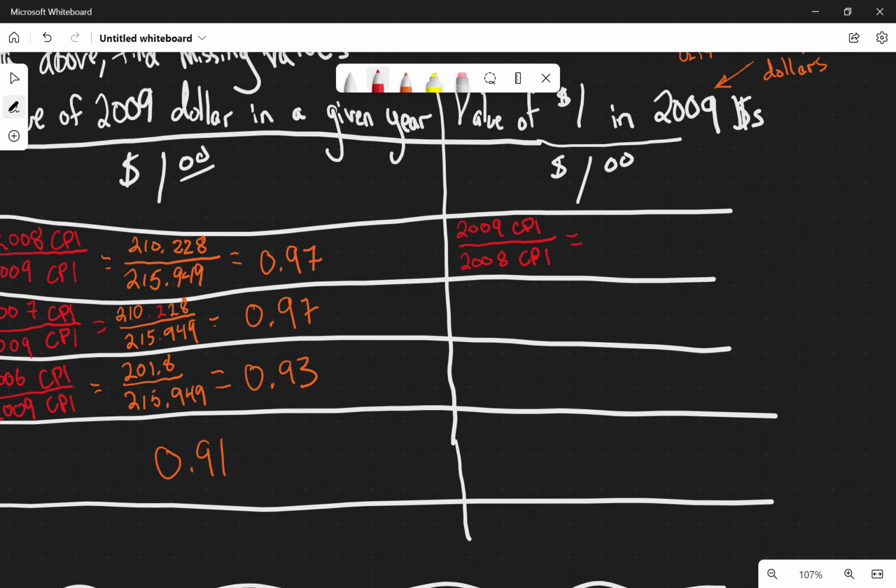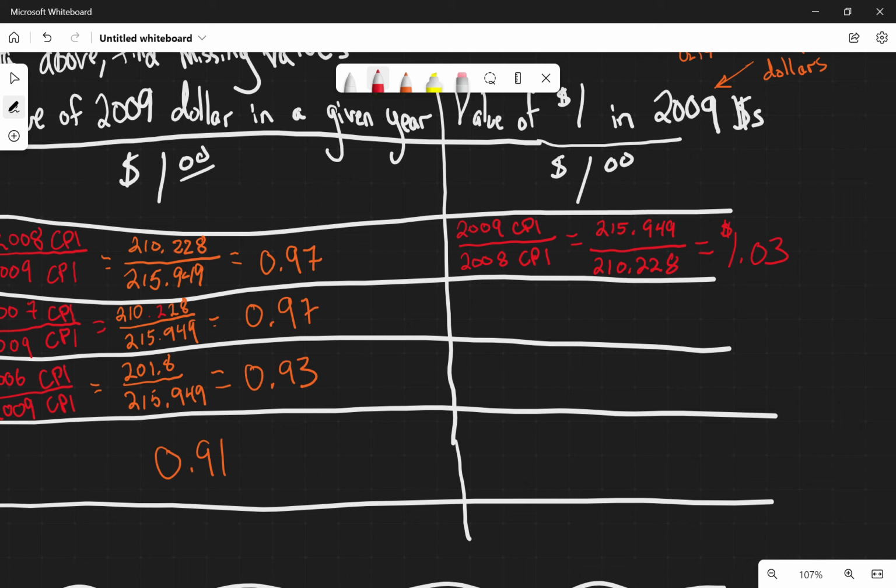And so this is just the flip of the other one, right? So it's 215.949, just the inverse, over 210.228. And we end up with 1.03. So the value of $1 in terms of 2009 dollars is $1.03 in 2008.